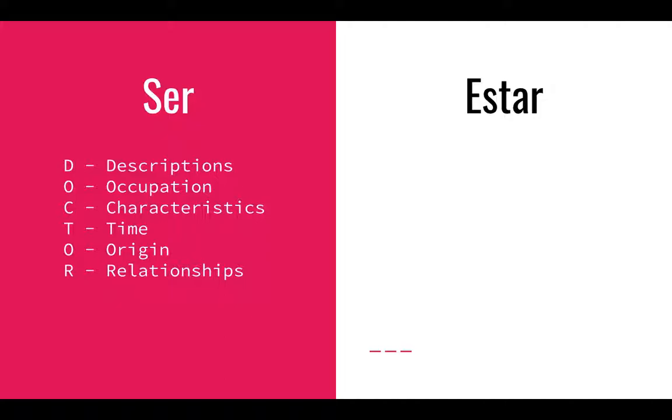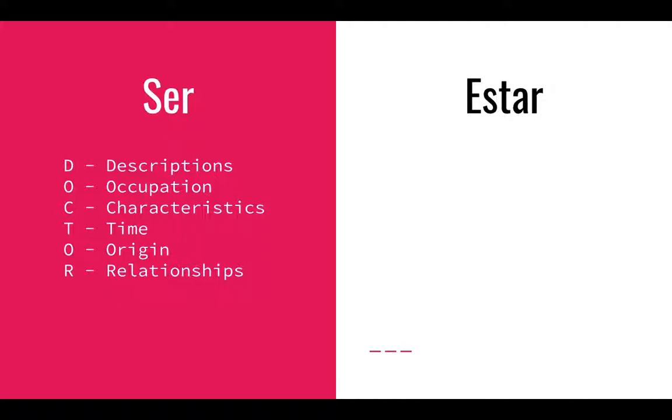Descriptions and characteristics, those physical things that we've been talking about. Occupation, you're a student, a professor, whatever it is that you do. Time, when we learn to express time, is always with the verb ser. Origin, where are you from? And relationships, which we just did in this chapter, where you can tell that someone is somebody's mom or somebody's cousin. So those are those relationships.